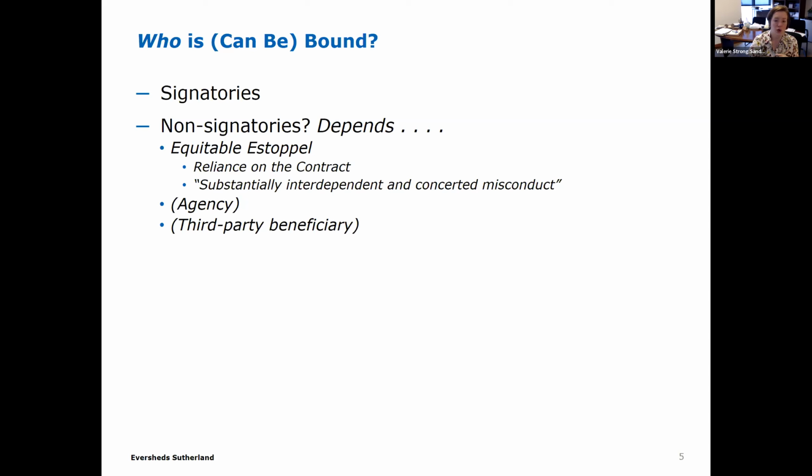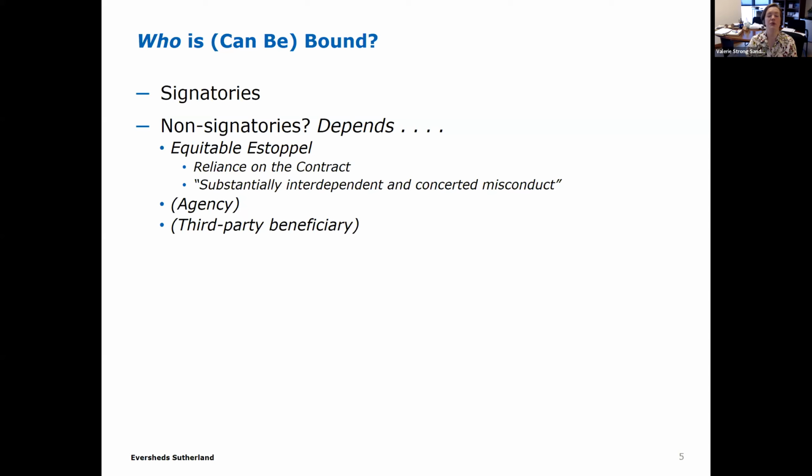The question of who is bound becomes a little more interesting in the case of non-signatories. So these are folks who are not named parties, let's say, or not signatories to the initial contract that includes the arbitration agreement. And this comes up all the time, right? If you're suing about a car that you bought, maybe you have a contract with the dealer, but you're also suing the finance company.